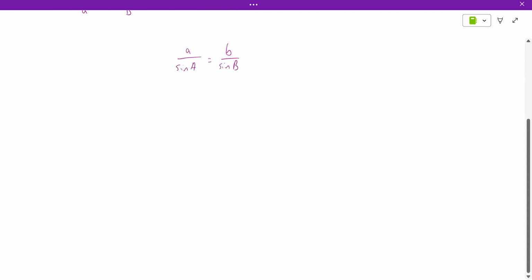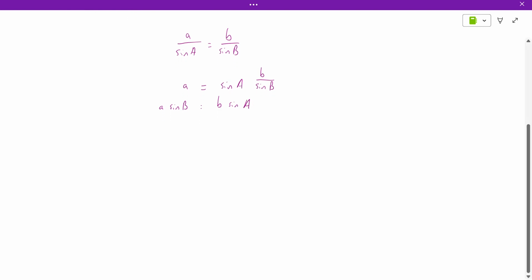If I multiply sine A up to both sides, on the left-hand side we would just be left with a, and on the right-hand side I would be left with sine A times b over sine B. Now if I multiply up the sine B to both sides, I would be left with a times sine B equals b times sine A.